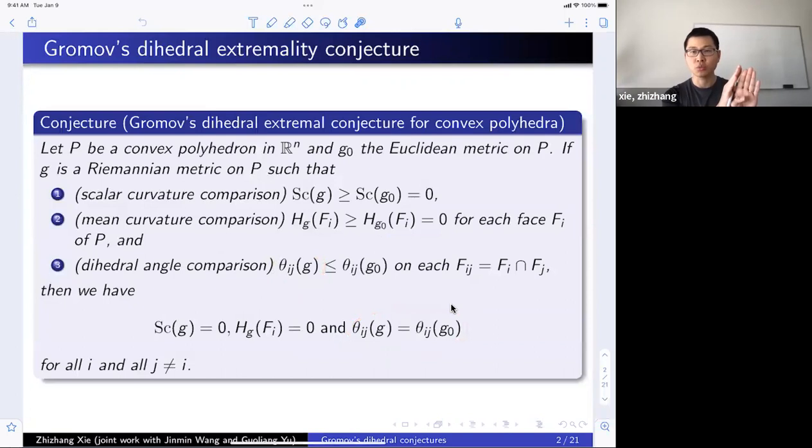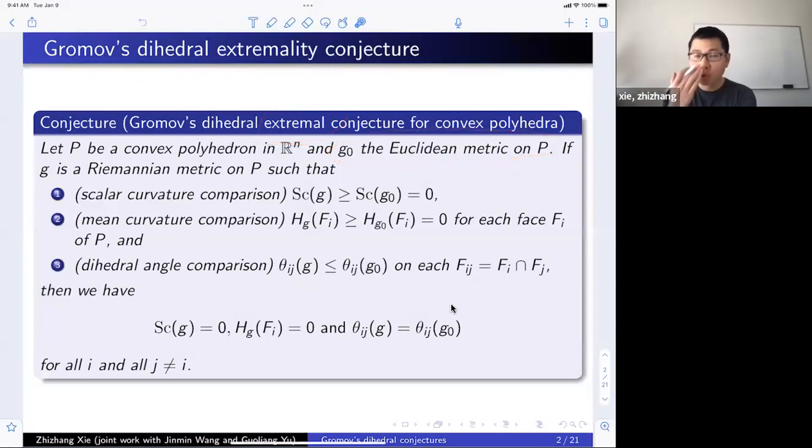It's not assumed to be constant along where two faces meet. But anyway, the conclusion is they have to be the same as the original one, which is actually a constant along each edge for the convex polyhedron. So that's the dihedral extremality. In other words, the original flat metric on this convex polyhedron is extremal in this sense.